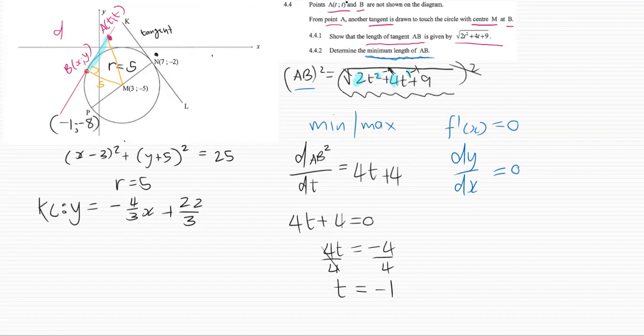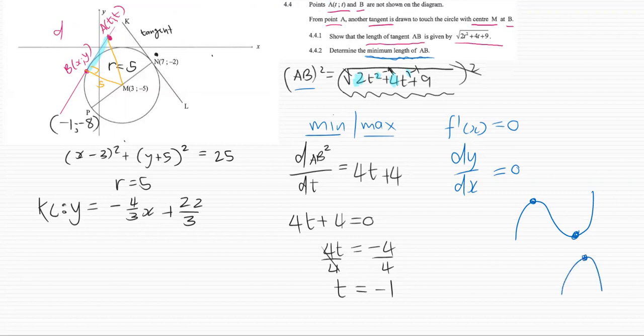Okay, well, next step in min-max is, when you're trying to find the minimum or maximum value of a curve, well, so far we'd have the x values. This curve only has one x value.